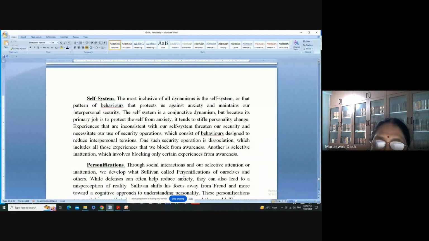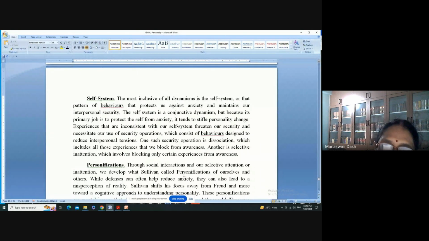Any change is anxiety arousing, and the self-system's primary job is to protect the self from anxiety.